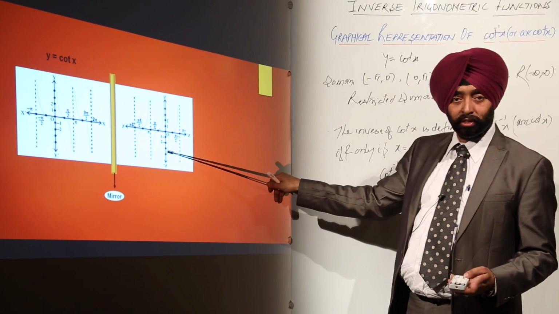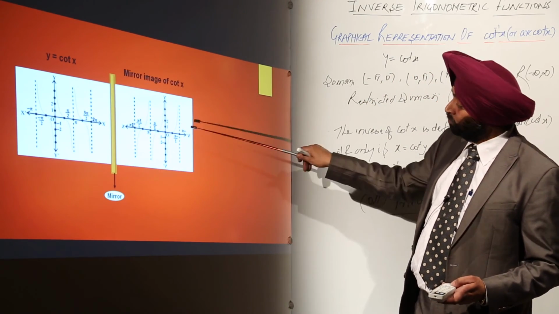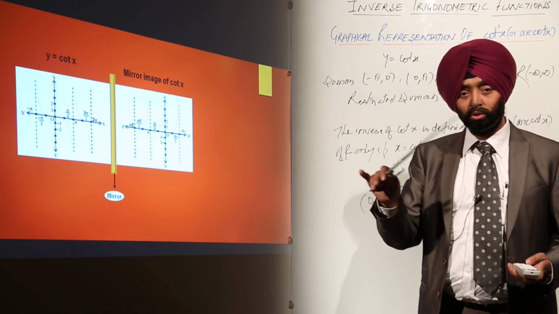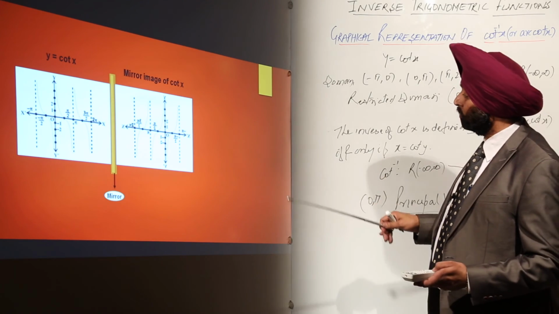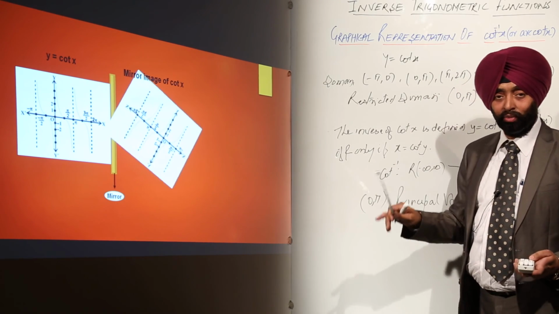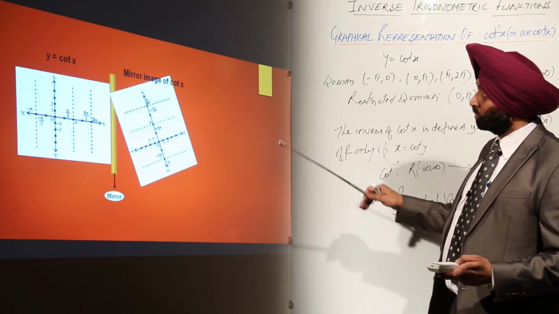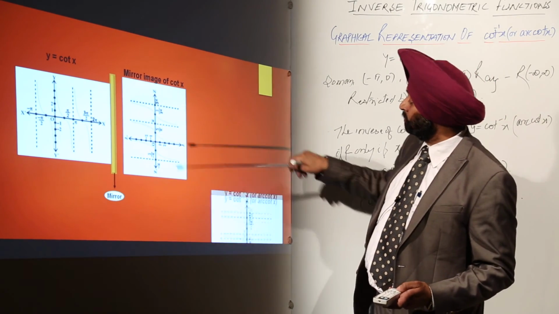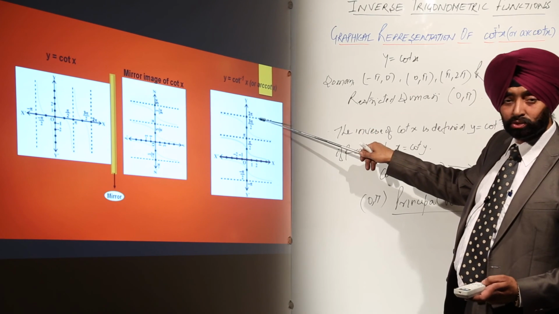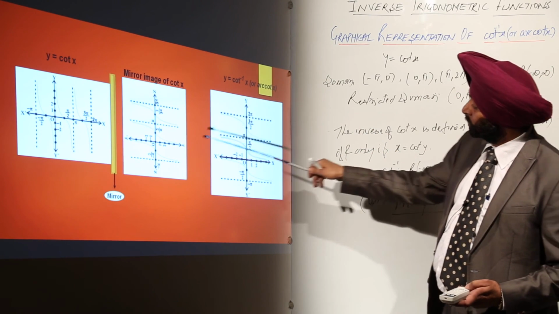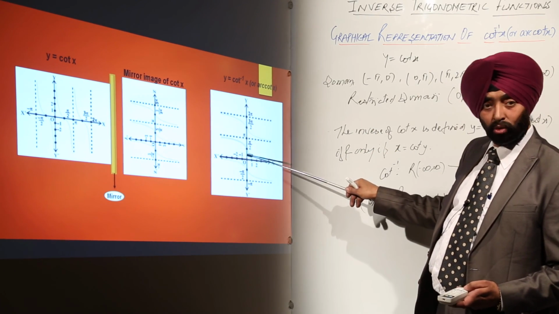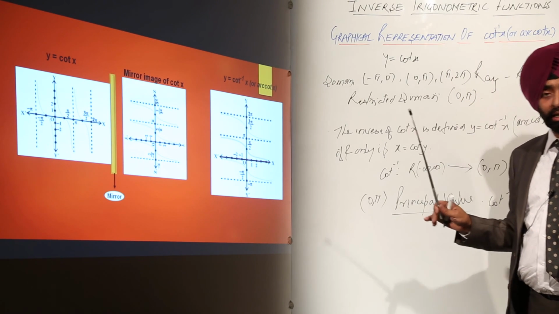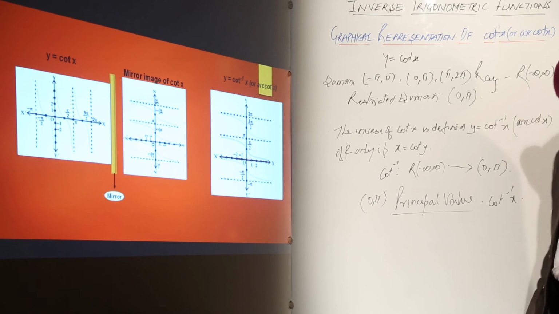Being a mirror image, let's change the axes, y to x and x to y. Now the axes are changed, and exactly what we get is the inverse of cot x. You can check it. So this is basically the graph of the function cot inverse x.